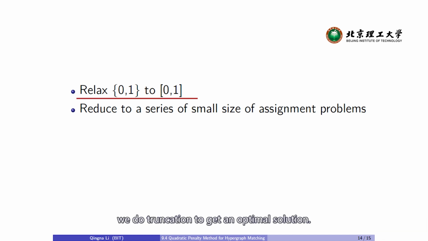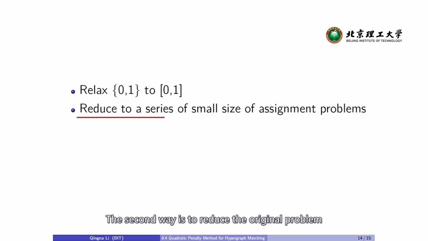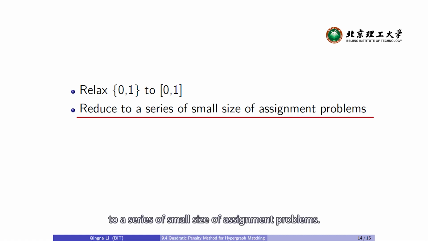After that, we do truncation to get a solution. The second way is to reduce the original problem to a series of small-size assignment problems. By doing this, they keep the 0-1 constraints. However, the size of the problem is reduced.